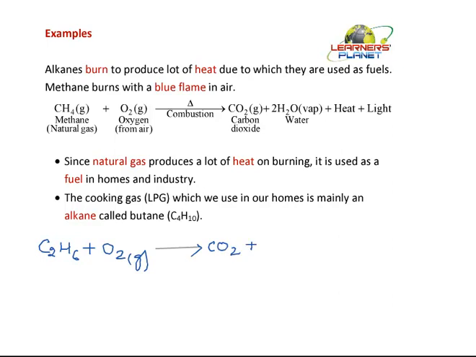So this is forming CO2 plus H2O plus heat plus light. These burn in air, giving you energy. Since natural gas produces a lot of heat on burning, it is used as fuel in homes and industries.